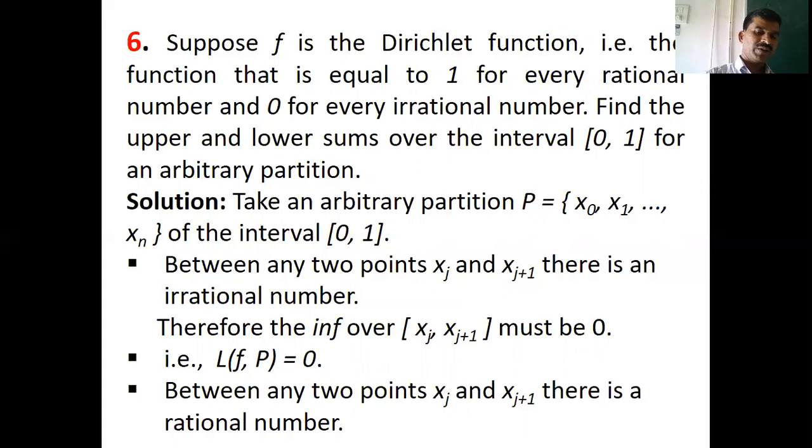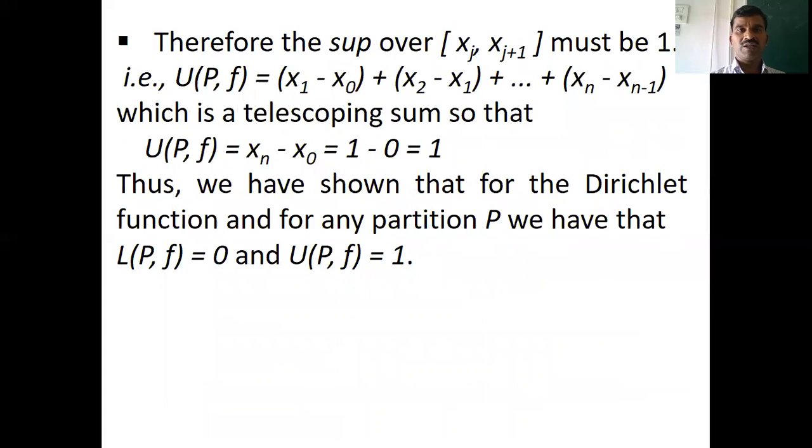Also between any 2 points in that subinterval there is a rational number, and corresponding to that the supremum over that subinterval must always be 1, so the upper sum is always 1. Thus we have shown that for the Dirichlet function and for any partition P, the supremum and infimum are respectively 1 and 0.